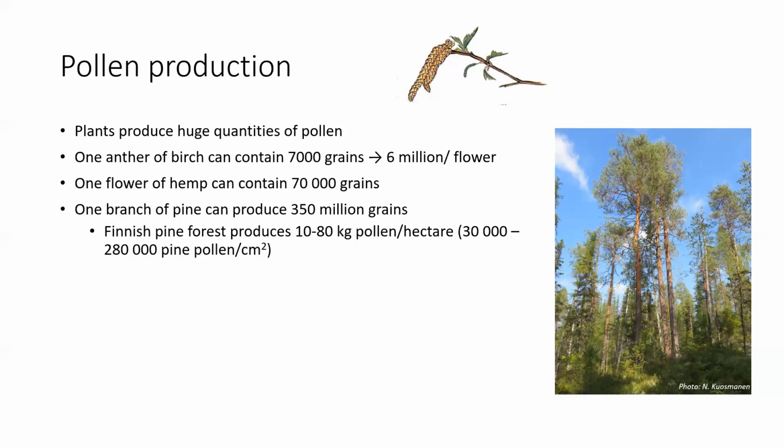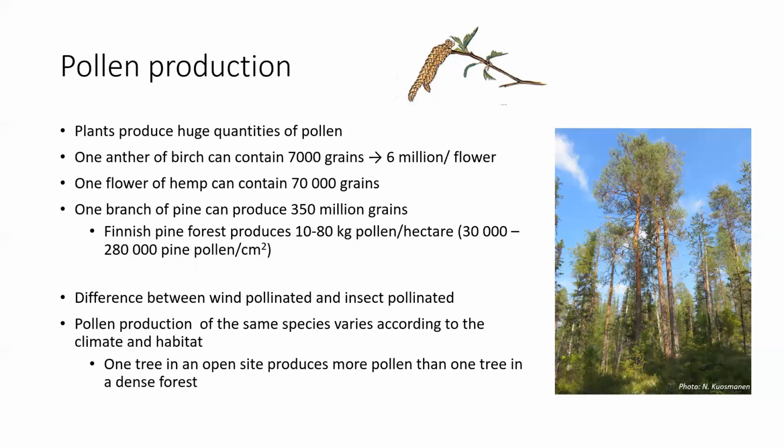And you can realize that this will be enough to have some of it deposited in the sedimentary records. As I already said, there's a big difference between wind pollinated and insect pollinated plants in the amount of pollen production. It is also possible that even the same species, for example a pine tree, in a different climate or habitat can produce different amounts of pollen.